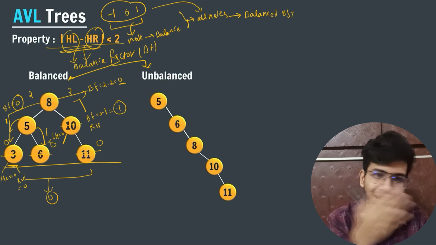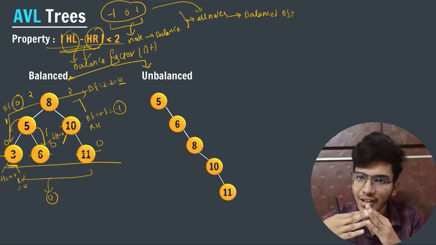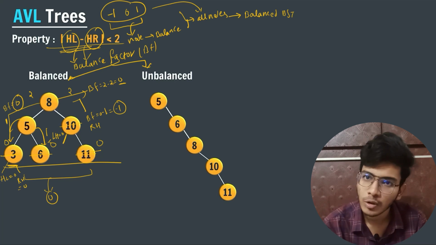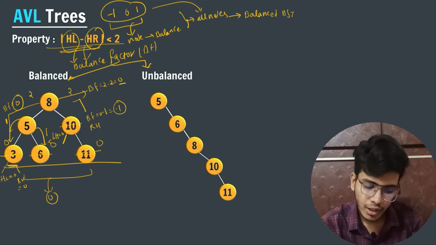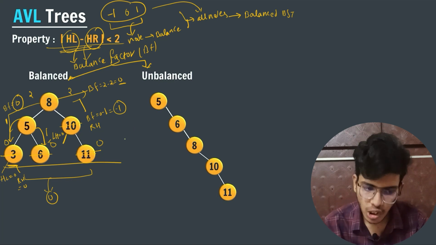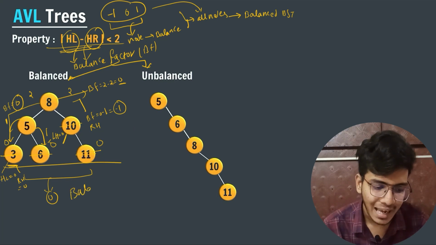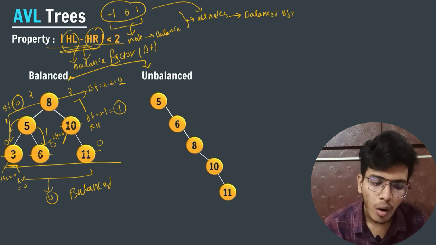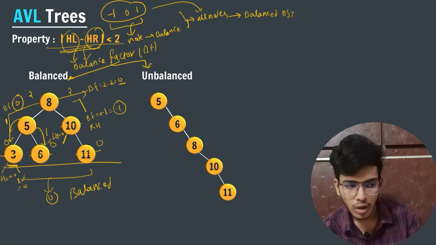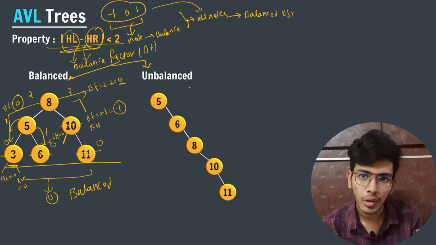It is not having a value like -2 or 3. The balancing factors are between -1 and 1. So this structure is considered a balanced BST because all the nodes have a balancing factor of 0 or 1 or -1. I hope you got the concept.